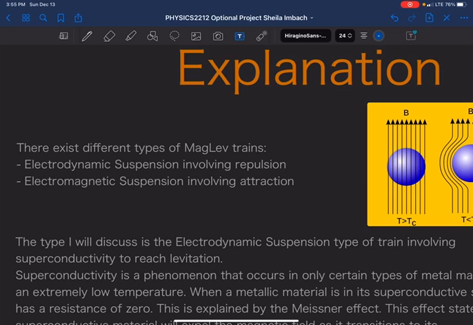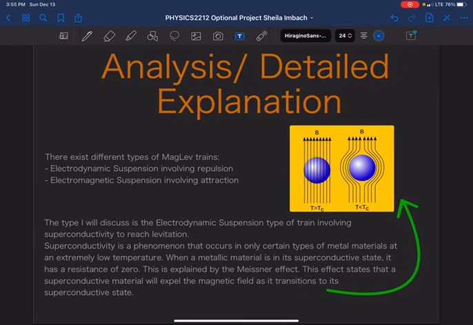The ones that I have researched are the electrodynamic suspension involving repulsion and the electromagnetic suspension involving attraction. The one that I will discuss for today's project is the electrodynamic suspension train. This one involves superconductivity in order to reach the levitation. Superconductivity was a topic that you taught us in class, so I thought that was a good type of train to talk about for this project.